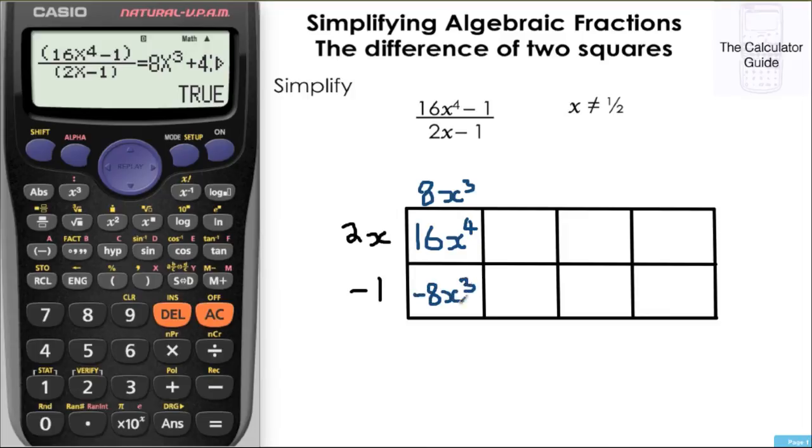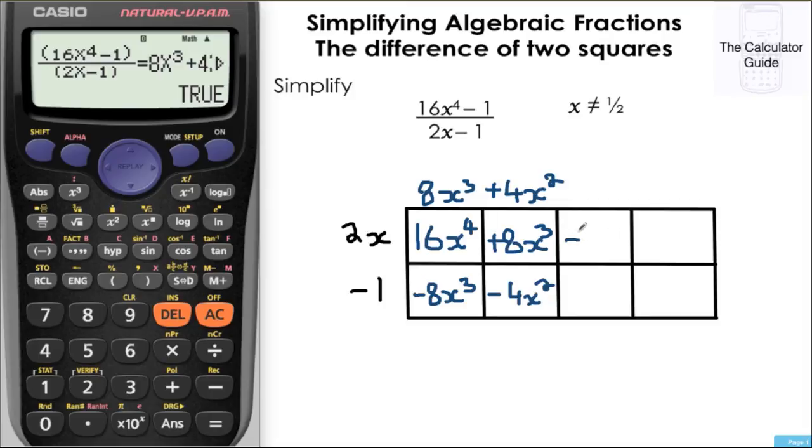Now I'm comparing how many x cubes I've got here, minus 8, with how many I've got in my original expression, which is 0. So to make that true, I'm going to have to add 8x cubed here. And then I'm doing the same thing again, thinking about what I need to multiply 2x by to give me 8x cubed, which is 4x squared, and then multiplying 4x squared by minus 1 gives minus 4x squared.